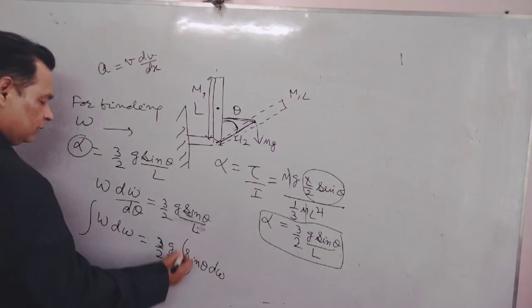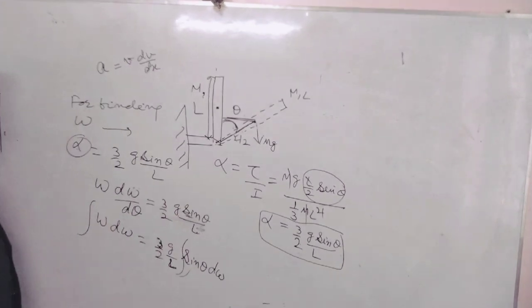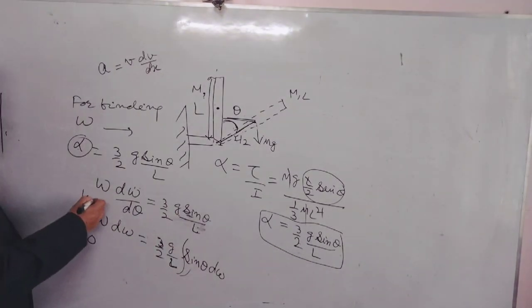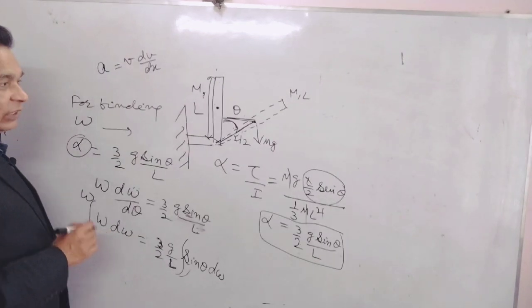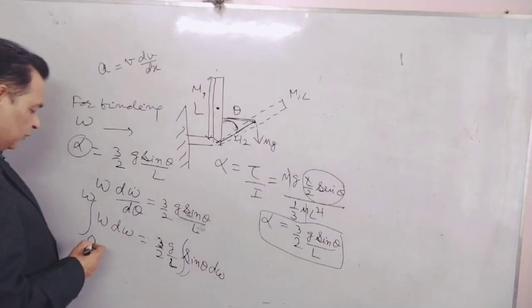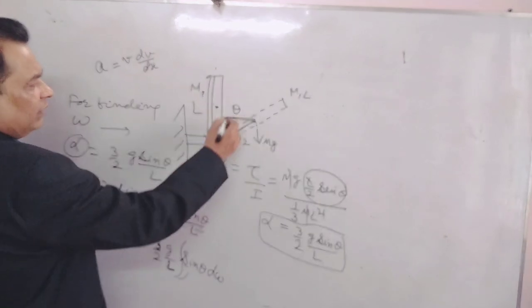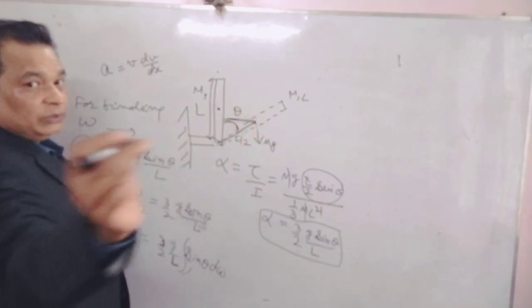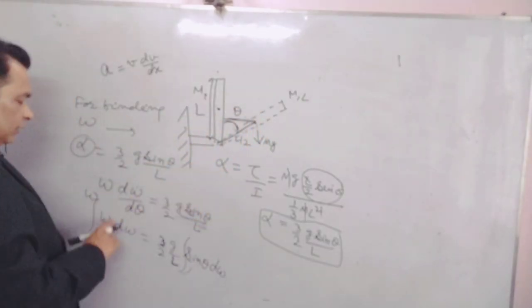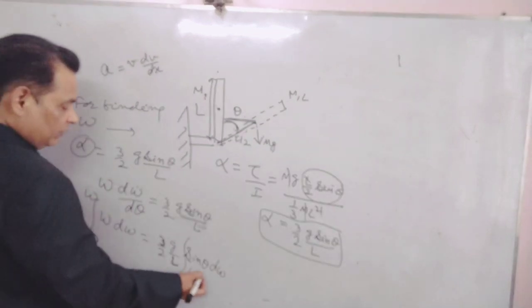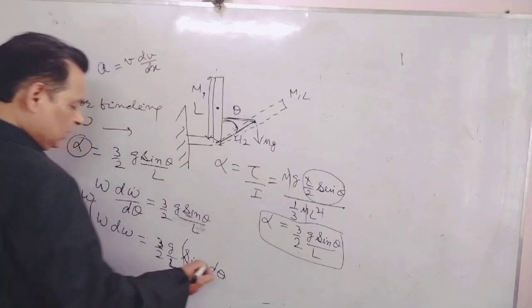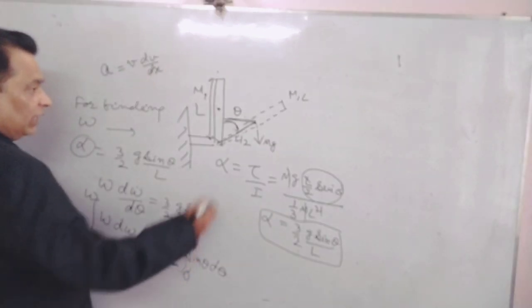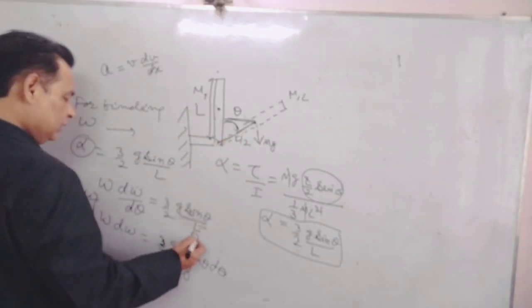Integrating both sides, from 0 to omega, because it starts from theta equals 0, and at angle theta the angular velocity of this rod is omega, with theta from 0 to any angle theta.